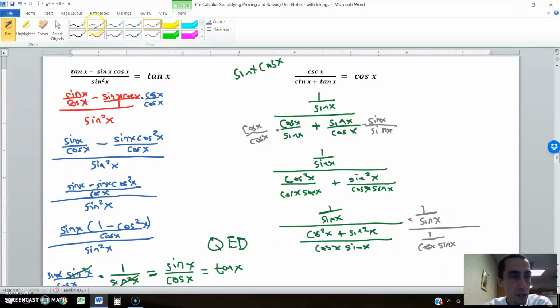Now we're going to keep, change, flip. Keep, change division to multiply, and then flip this fraction, all over 1. Sines cancel, and we have 1 times cosine over 1 times 1. Cosine of x over 1 is cosine of x, which is exactly what we wanted to prove.